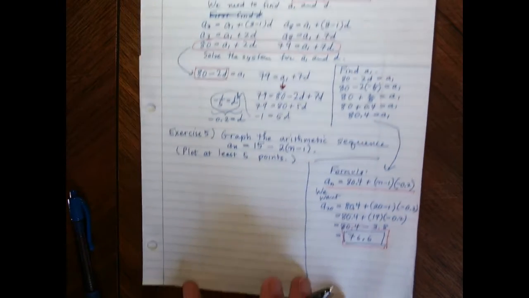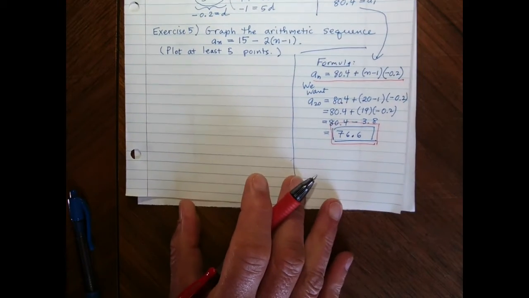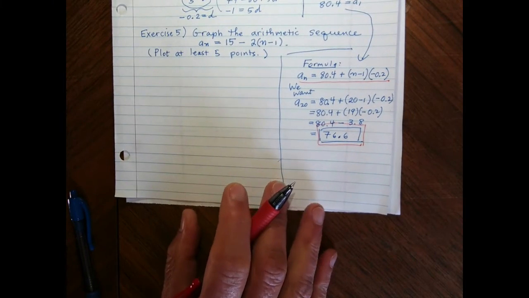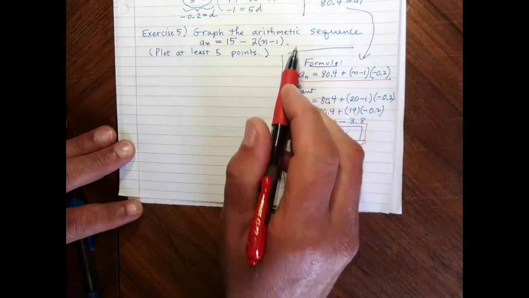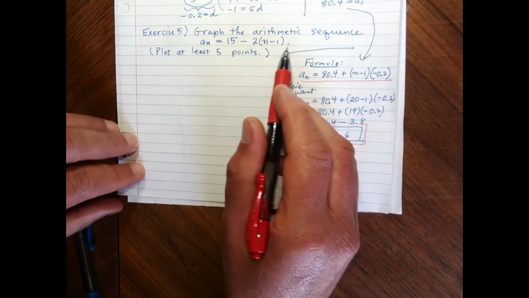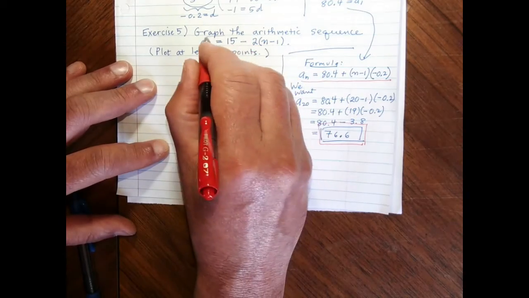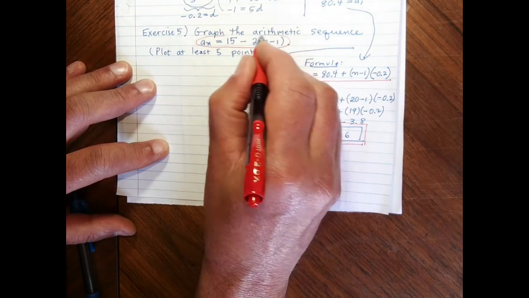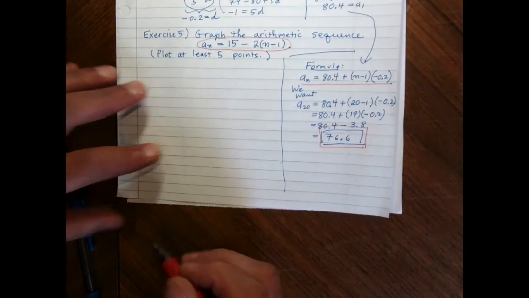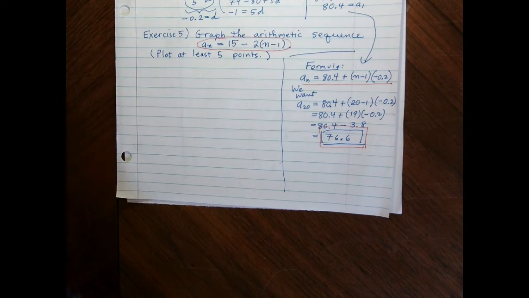Okay, now one more exercise in this section, exercise 5. We're going to graph the arithmetic sequence a sub n equals 15 minus 2 times n minus 1.